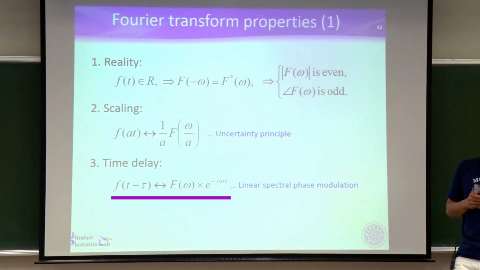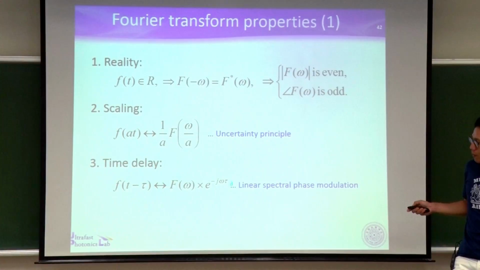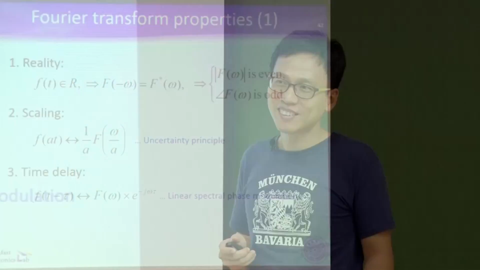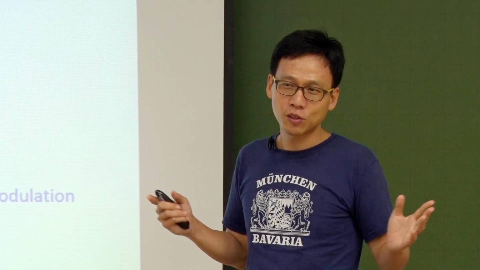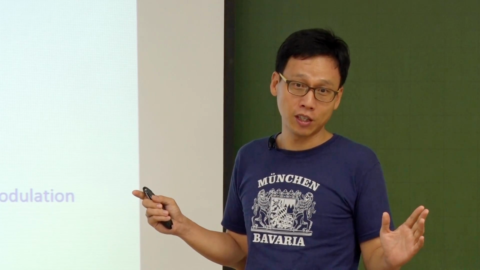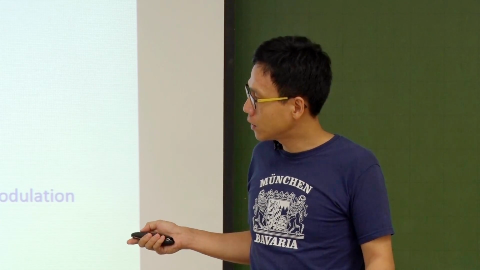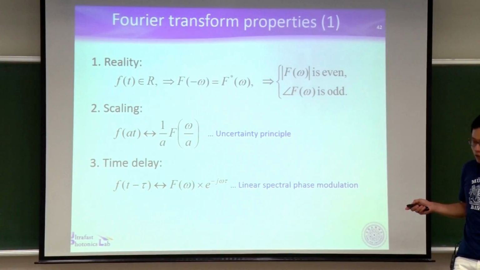Tau is a constant. So how do you interpret this modulation function? If you check the magnitude, what do you have? Constant 1. Nothing changed. So there is no amplitude modulation at all, right? But if you check the phase, what is the phase corresponding to e to the j omega tau?